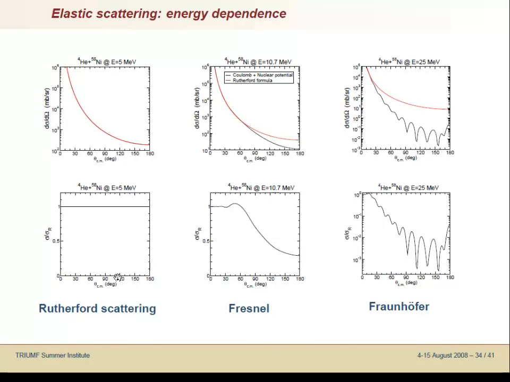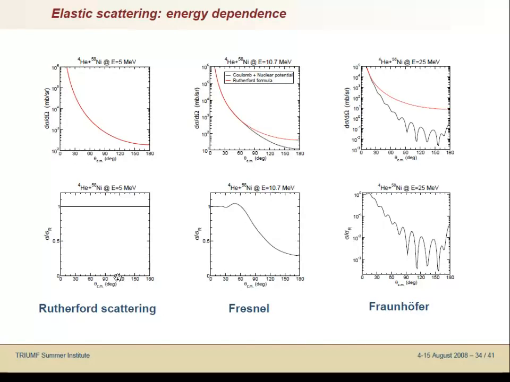And well, if we increase the energy further, then we start to have different structures. This corresponds to the Fraunhofer regime, and this interference can be understood very nicely again in the classical picture, thinking of trajectories. It corresponds to the interference between what are called near side trajectories and far side trajectories.